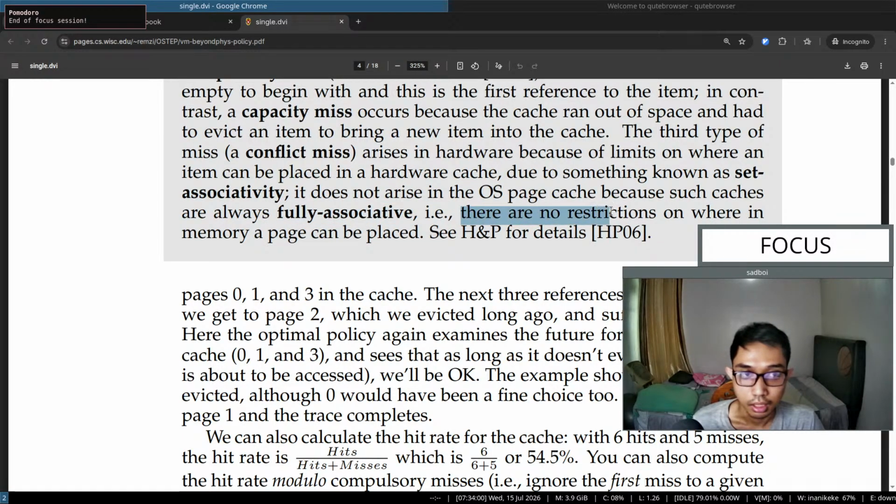That is, there are no restrictions on where in memory a page can be placed.